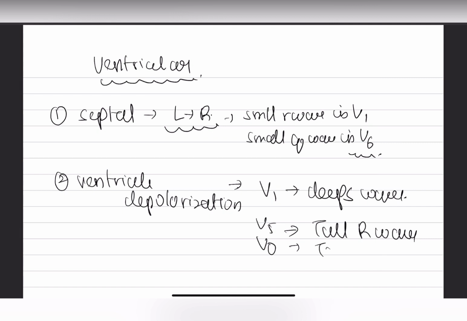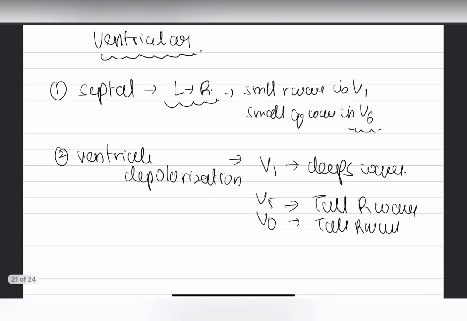This is a normal ventricular depolarization. So in V1 we have a small R and a deep S wave, and V6 will have a small Q and a tall R wave. This is the normal series of ventricular activation.